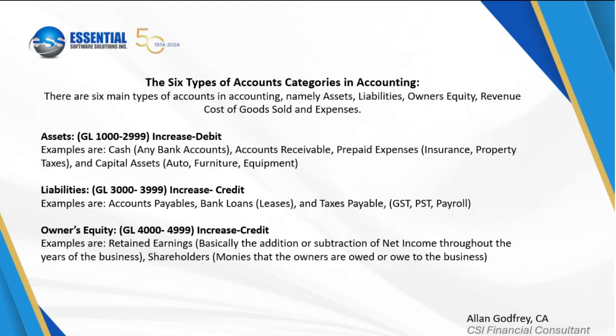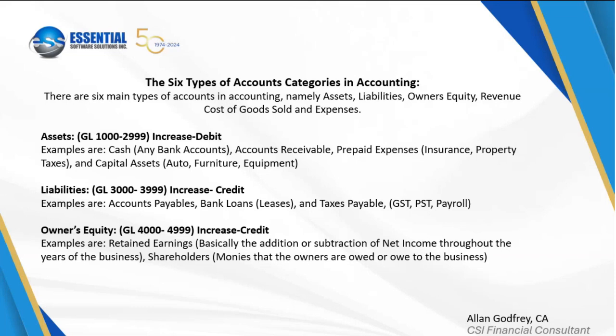Okay, so our six types of account categories. As I said earlier, there's assets, liabilities, owner's equity, revenue, cost of goods sold, and expenses. So assets, what is an asset? Well, generally in accounting systems, your chart of accounts is your chart of accounts and you can set it however you want, but in my travels, if I have a 4-digit GL account, usually assets are between 1,000 and 2,999.